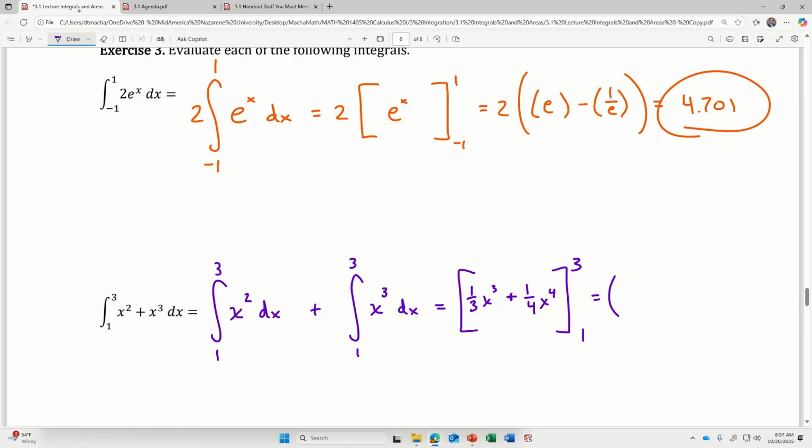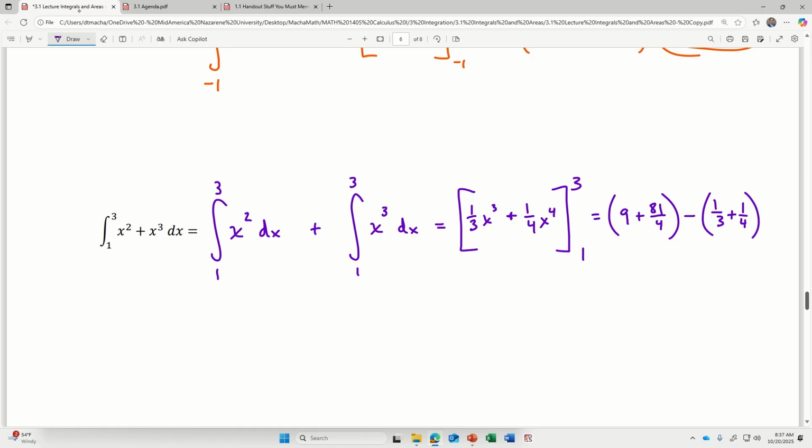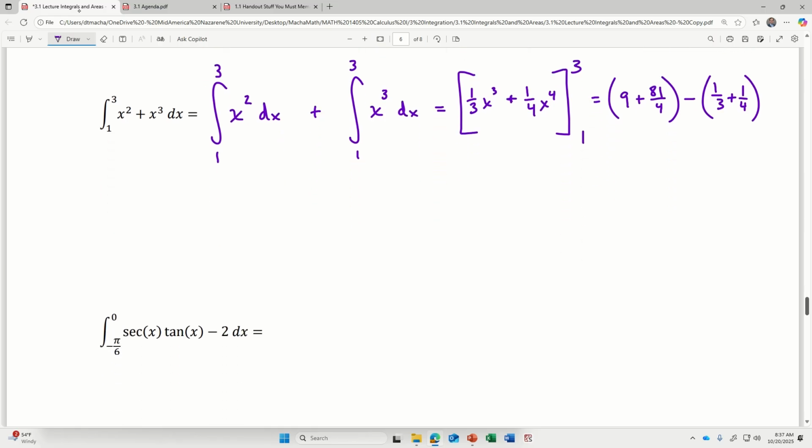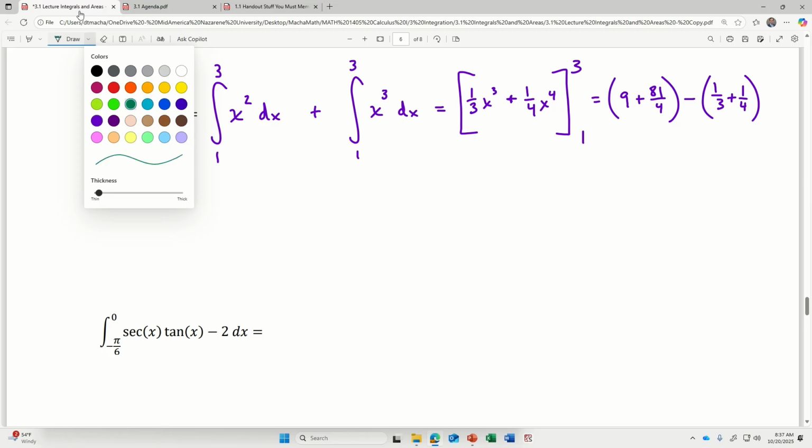And so then we can plug in the 3 and get 9, plus plug in the 3 and we get 3 to the 4th power, which is 81 fourths, minus, now we plug in the 1s, and I'm sure you know how to work that out. Right? Find a common denominator, add and subtract your fractions, you can eventually get to the answer, but move on to save time.